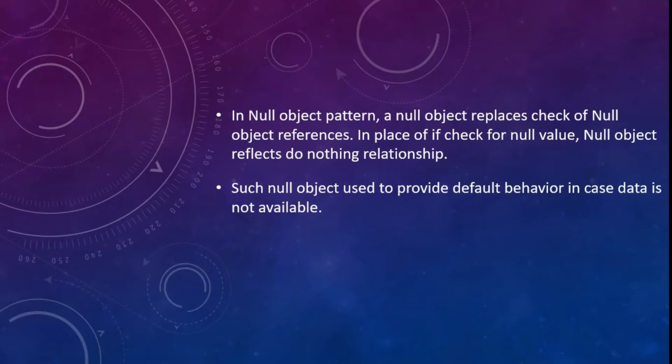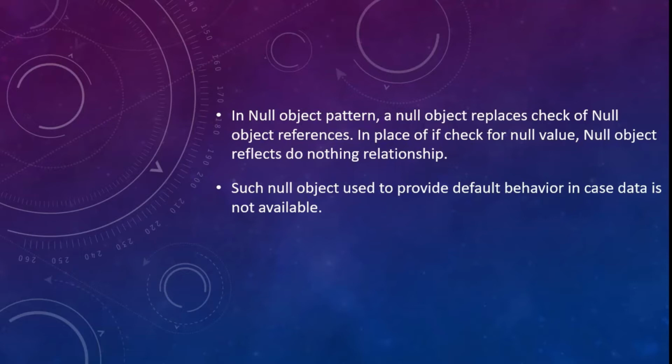Simply, in this pattern we will create one null object which denotes do nothing, and that object will be used whenever there is a null object reference check.